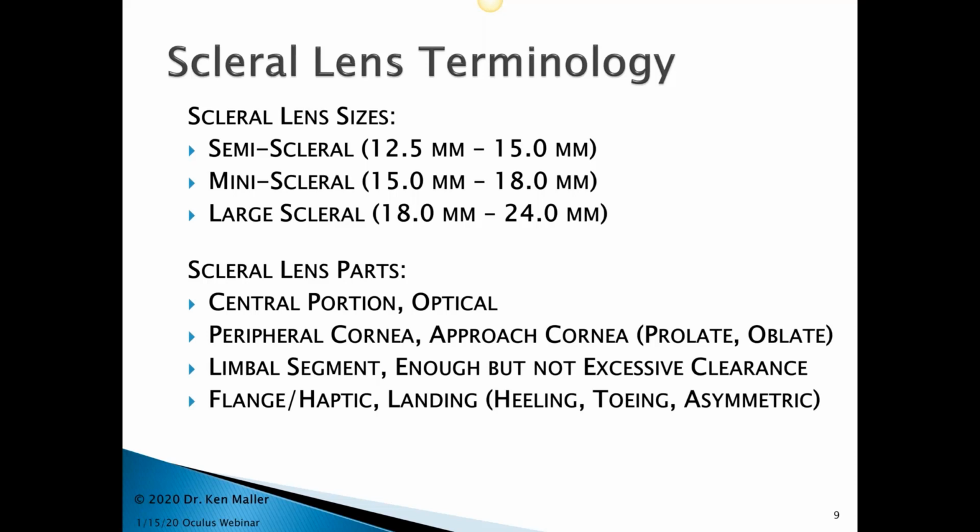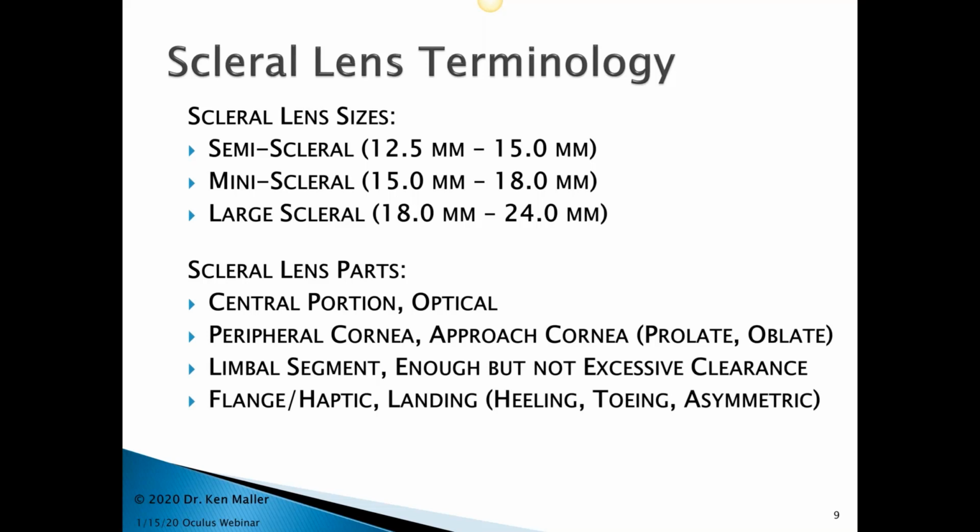One of the important concerns we have here, because of the hypoxic environment as well as mechanical insult, is you want the lens to land fairly close to the limbus, but not too close. On the other side, you don't want this very, very high off the limbus because that may actually be causing a hypoxic situation on the limbal stem cell machinery.